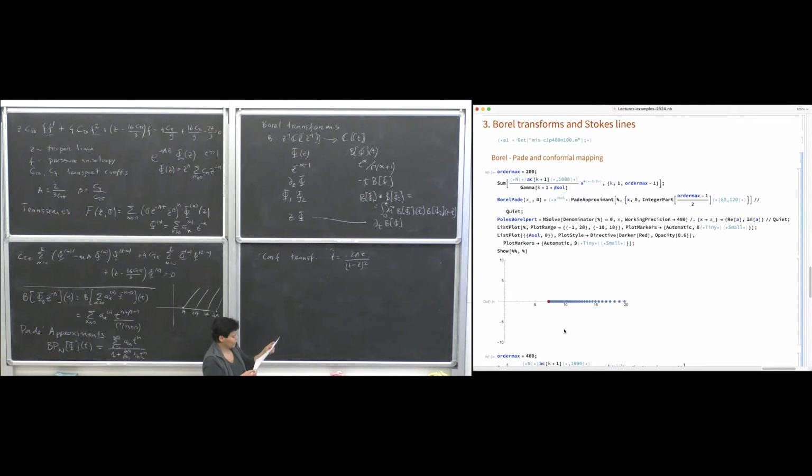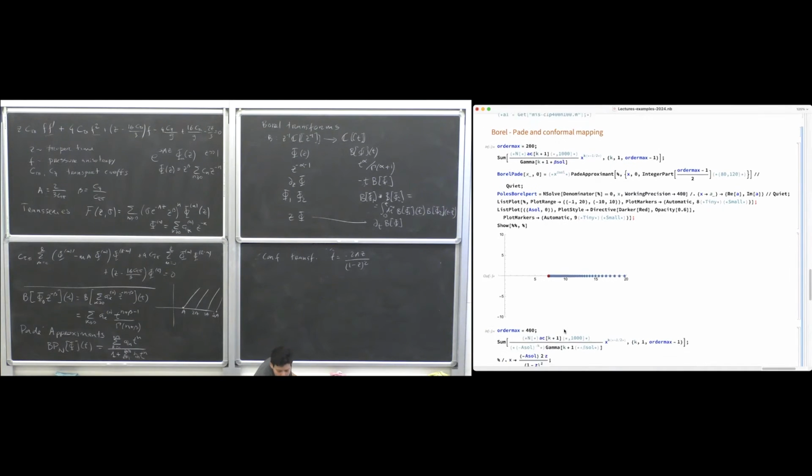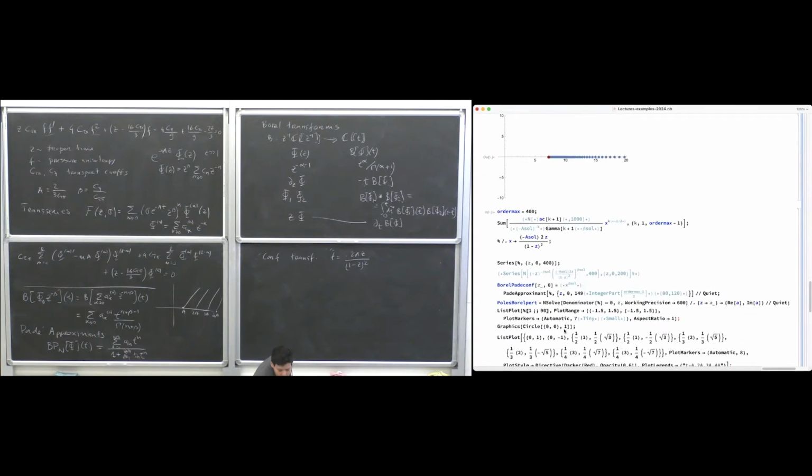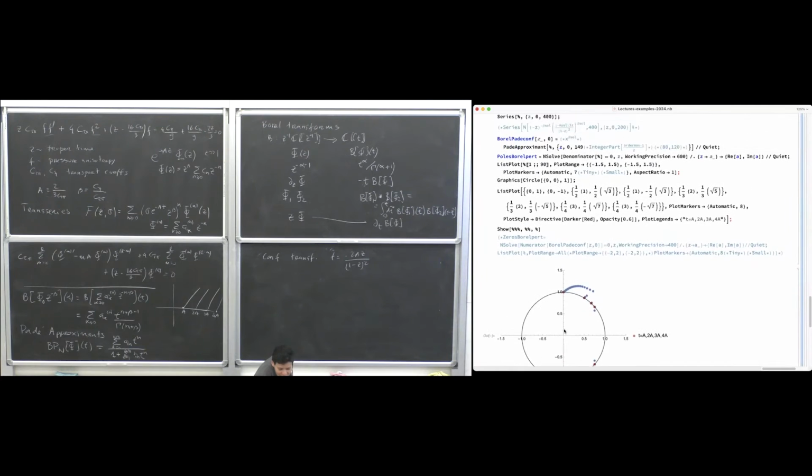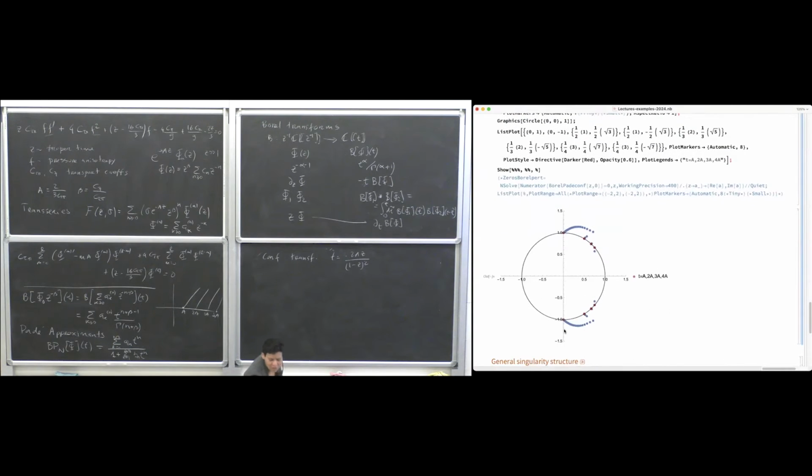And what you're doing is mapping the singularities that you had to different points on a circle of radius 1.